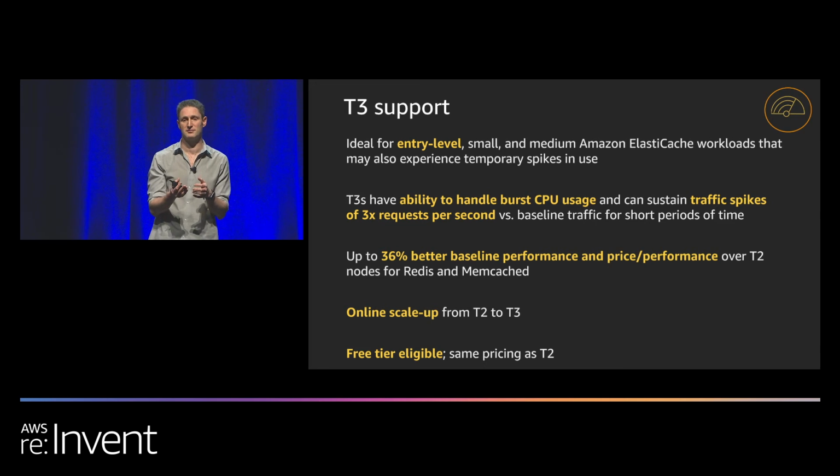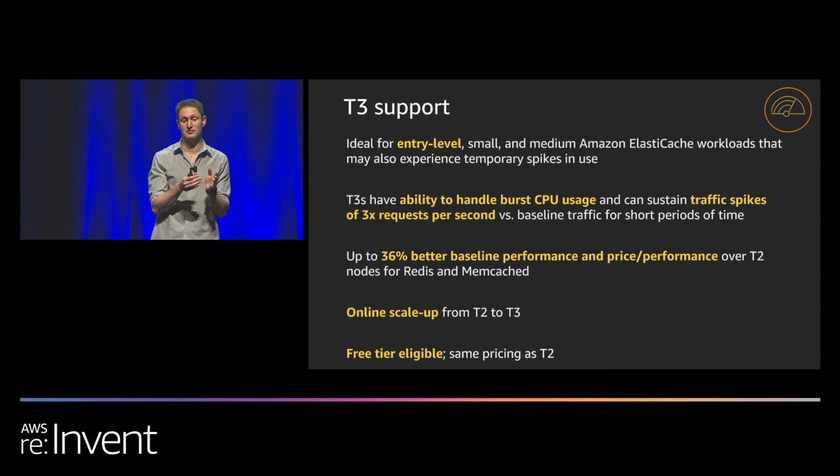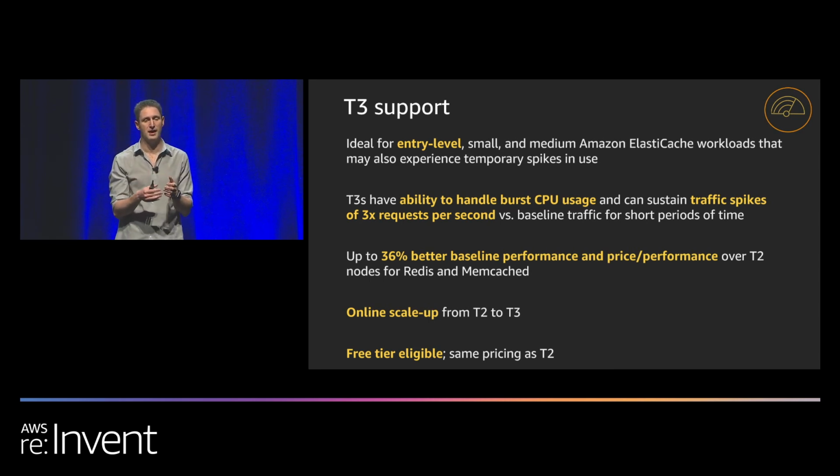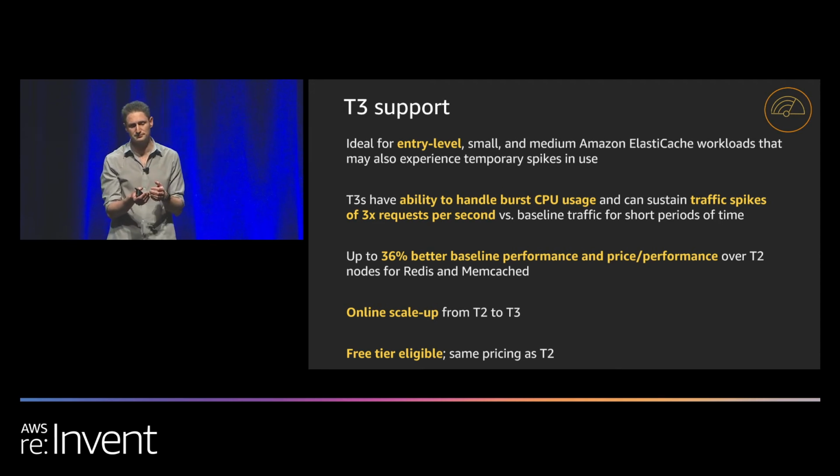And what's good about them is that they can handle burst CPU usage. And what we're able to see is that it can sustain up to 3x the traffic compared to the baseline, compared to the steady state. And this helps you because it gives you better operational stability in case of unexpected traffic spikes.